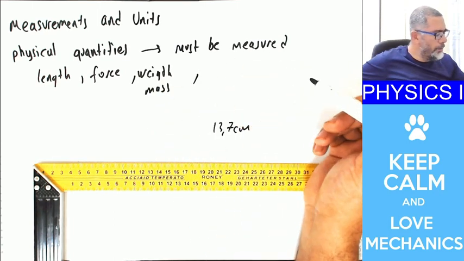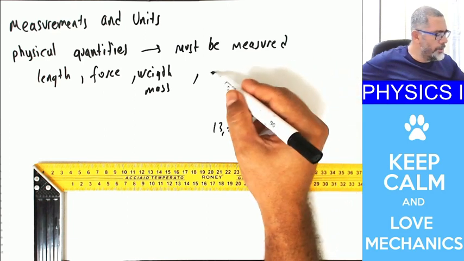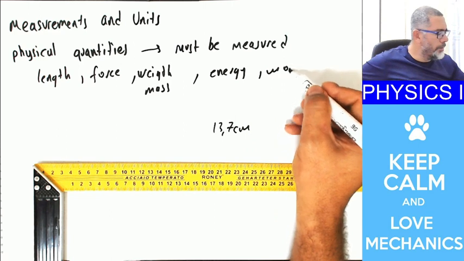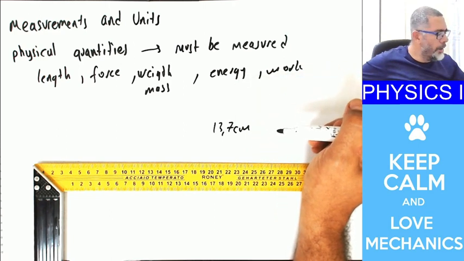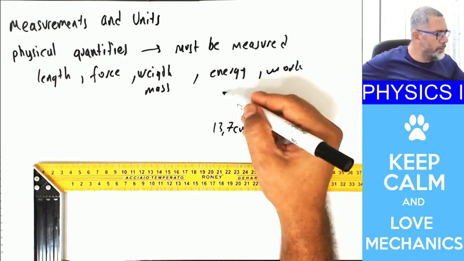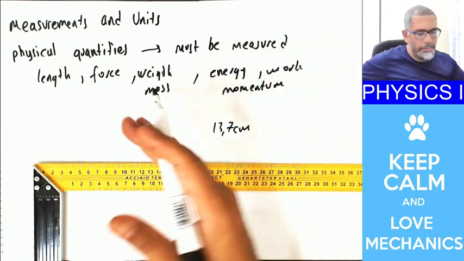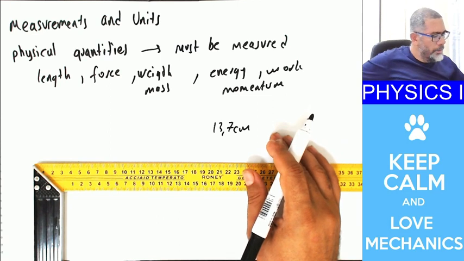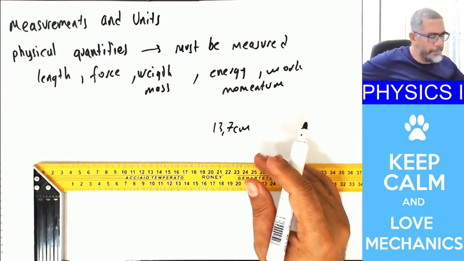Let's talk about other physical quantities like energy and work. Both have the same unit, as you will see. And what else? Maybe momentum, right? I can give many physical quantities, and they can be measured by suitable devices or instruments.